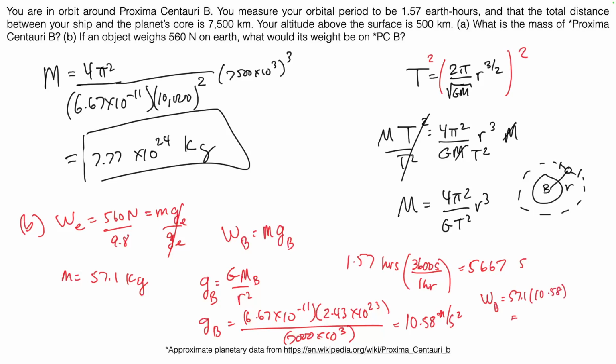This turns out to be 604 newtons. As you can see, we went from 560 newtons to 604, so that's about 50 newtons, which is about 20 pounds heavier on the surface of Proxima Centauri b. So not a good place to go to lose weight.